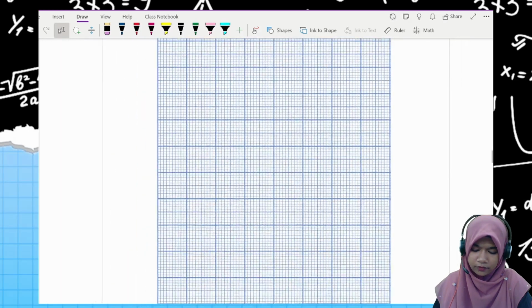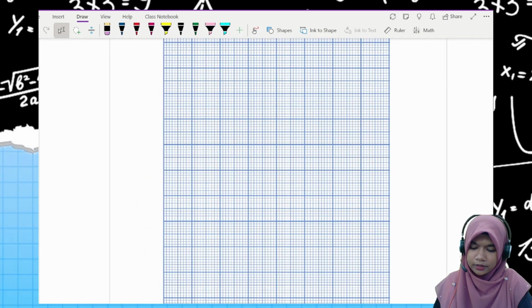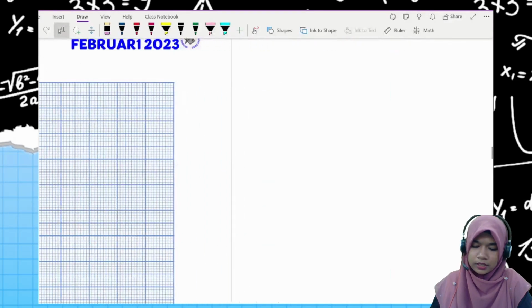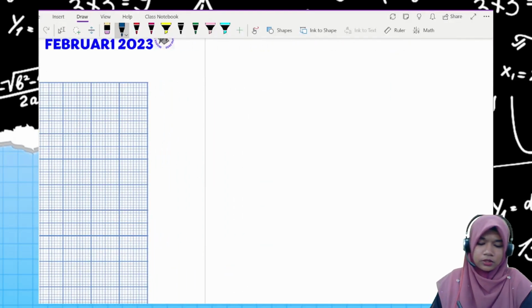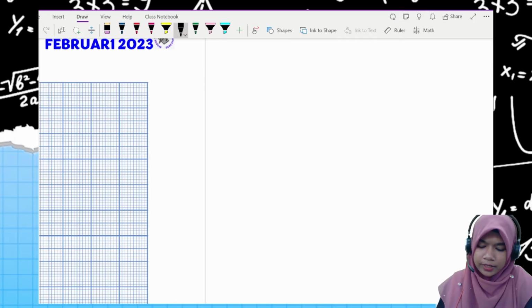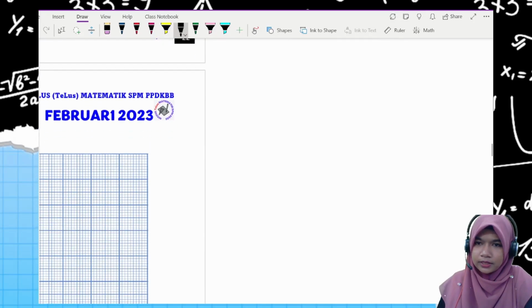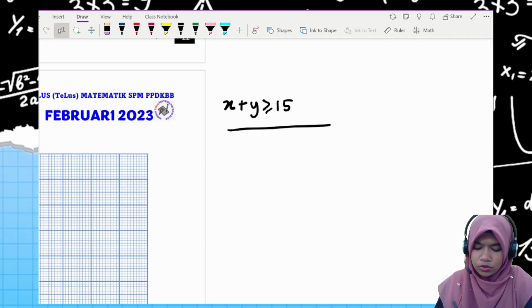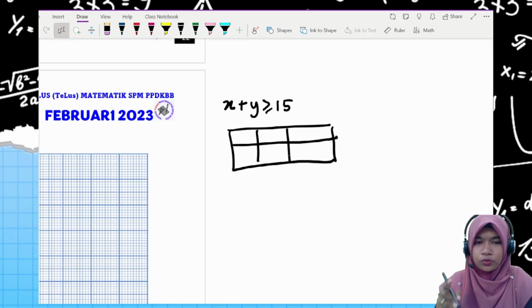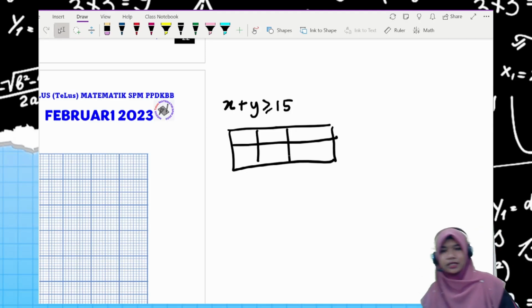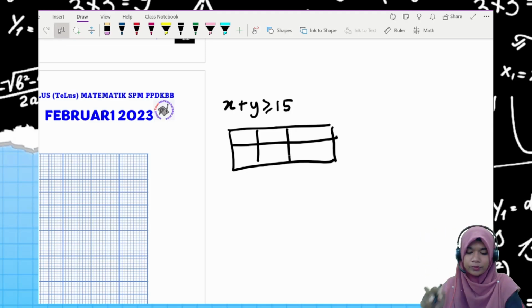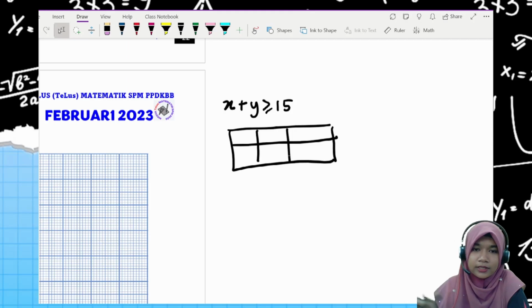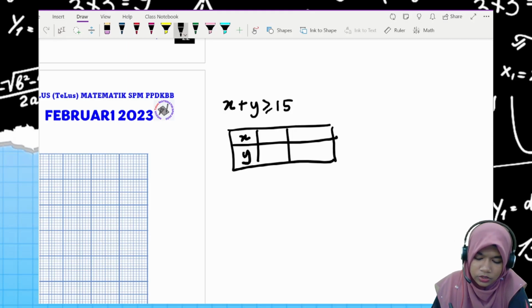So you have to draw the graph. Before you draw, just now I told you, you write back the inequality x plus y greater than or equals to 15. Make sure you have a table of values to guide you on the points you should plot on the graph to get the straight line. x, y.